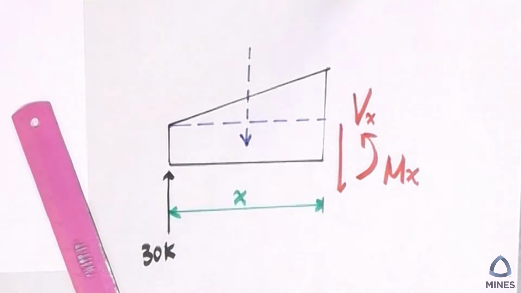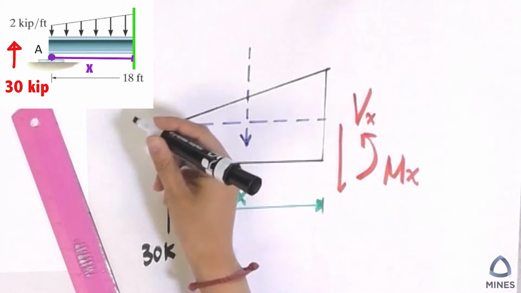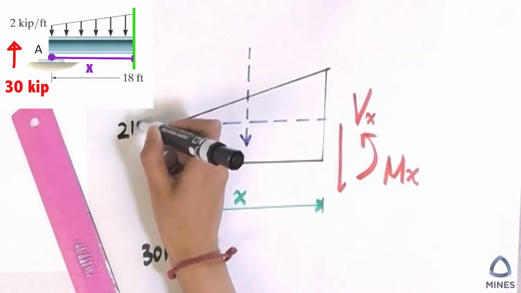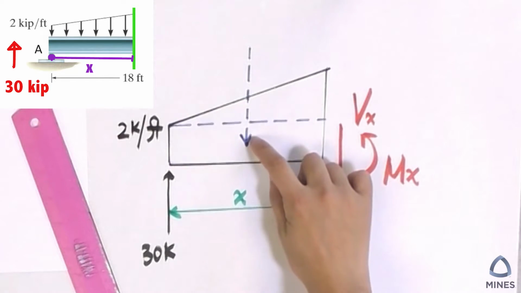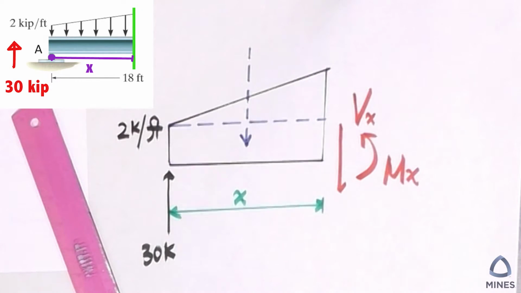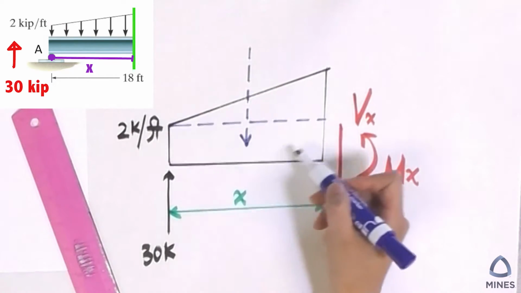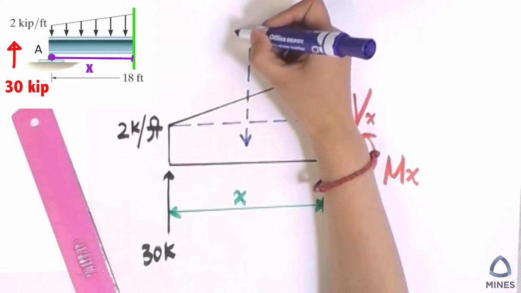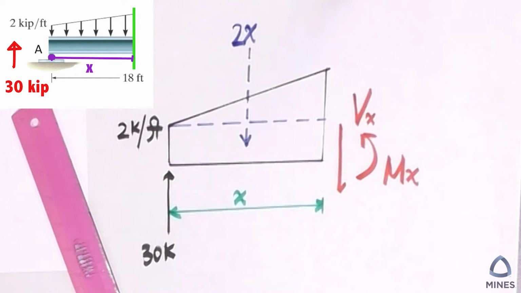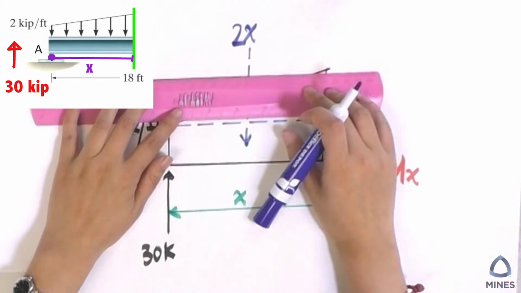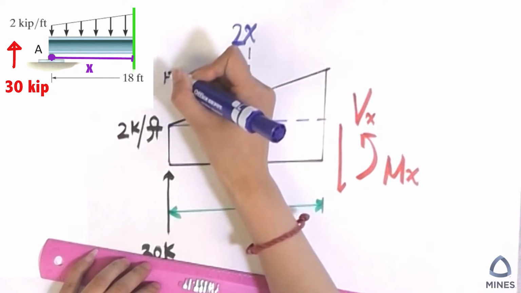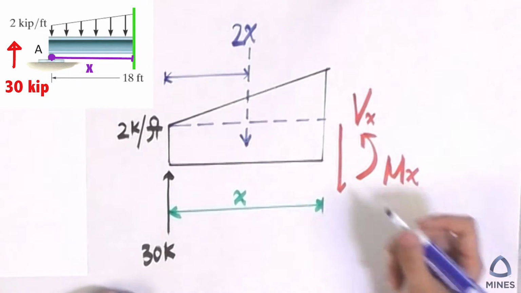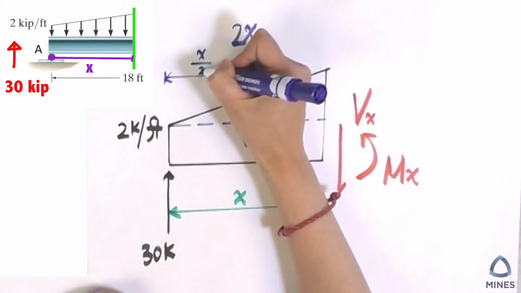From the picture, the height of the rectangle is 2 kips per feet. So what is the simplified load here? It will be the area of the rectangle, 2 multiplied by X. By the way, I forgot, don't forget to mark the dimension of the force you just simplified. That will be half of X.